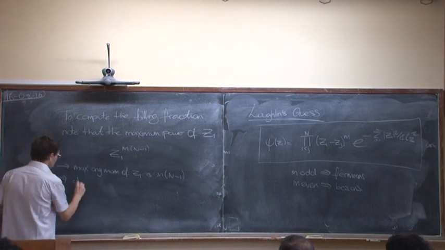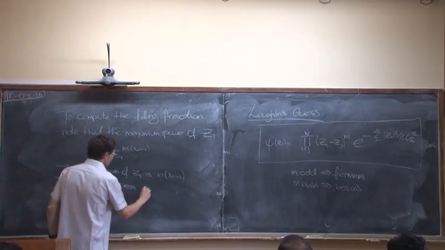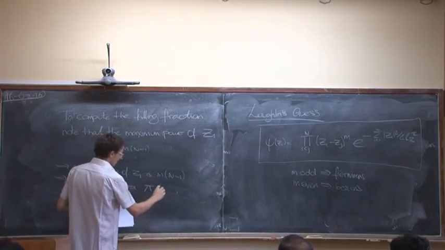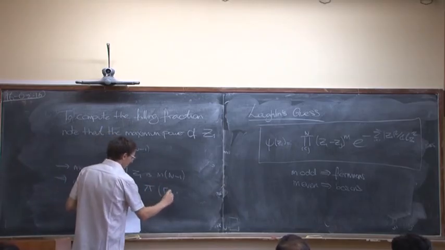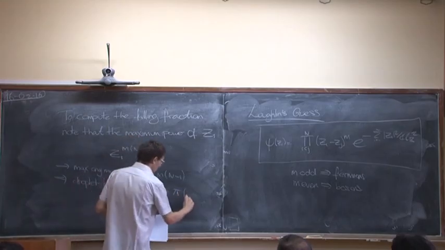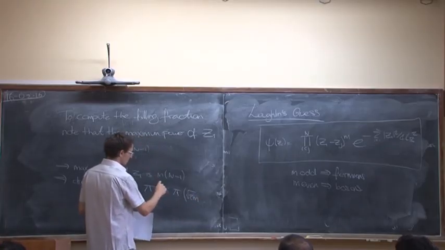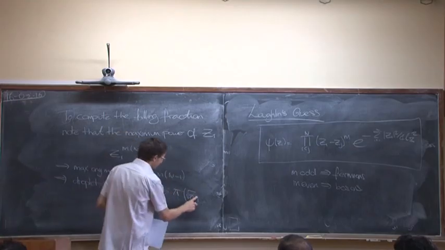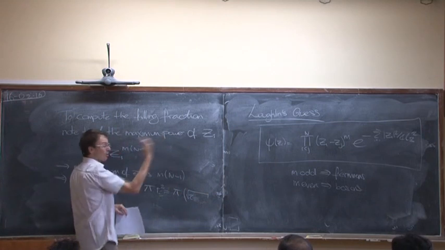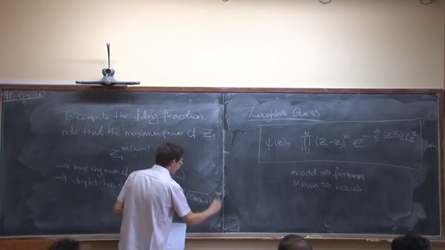So the droplet has an area pi times R squared, where R was the square root of, sorry, my bad, the m's are different, it's the square root of 2 times the power of z, m times N minus 1, l_B squared.